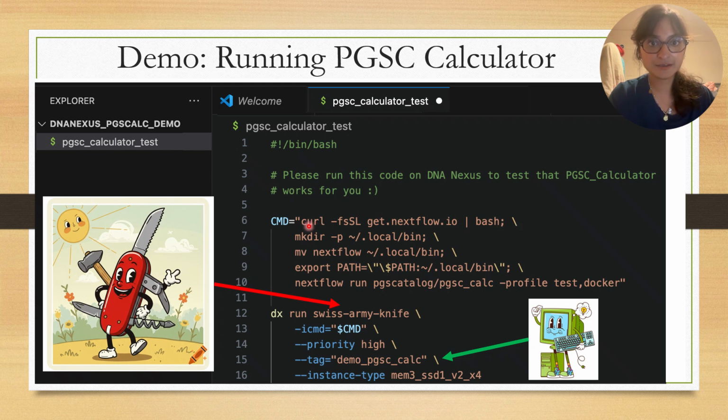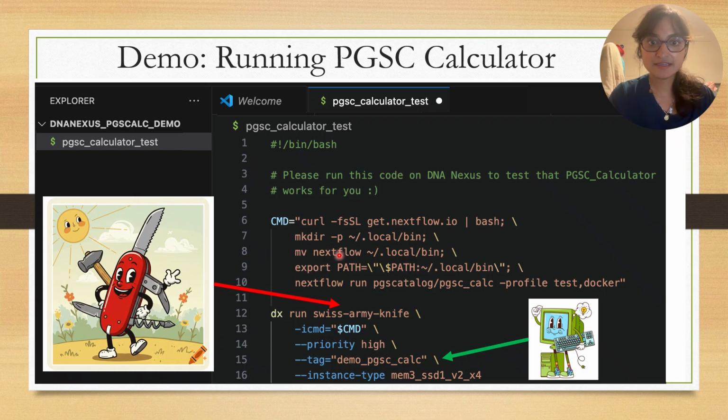The first line is going to download and install Nextflow, which is a workflow manager that is widely used in genomics. The second line, mkdir -p ~/.local/bin, is going to ensure that the directory ~/.local/bin exists where user binaries can live.